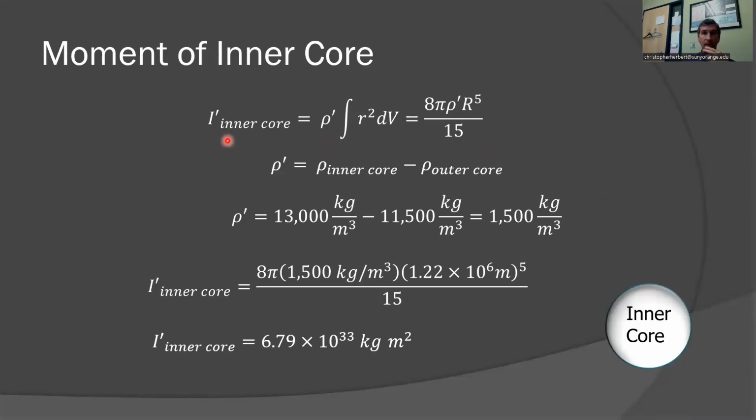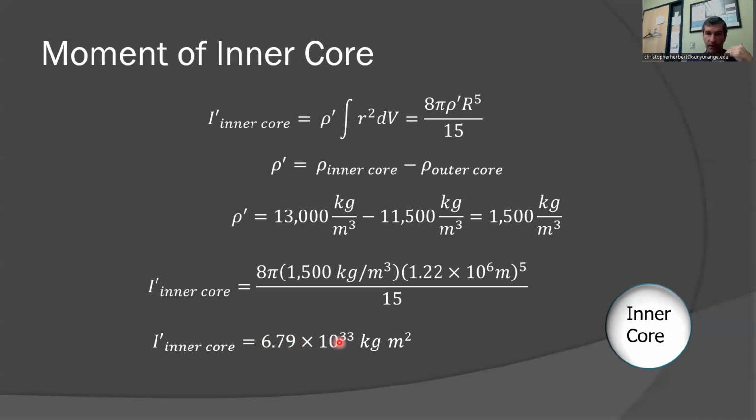So the inner core has a greater density than the outer core. Basically, it's 1,500 kilograms per meter cubed greater in density. So I'm going to integrate for its radius and come up with its contribution beyond what the outer core and mantle would provide if the inner core were part of that.